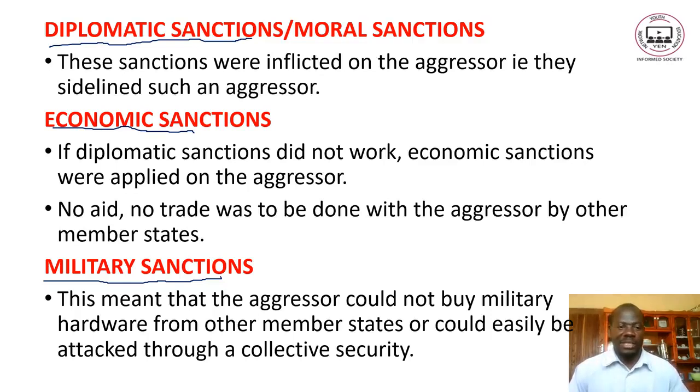doesn't want to cooperate. Economic sanctions means no trade, no aid as well to the aggressor by other member states. So member states could agree to say, no, we are not trading anything with this country. For example, we talk of North Korea.